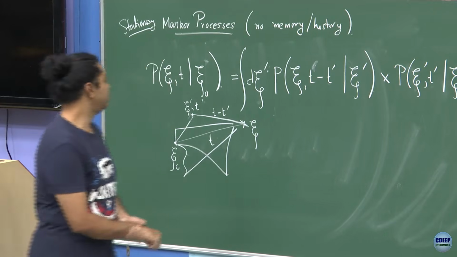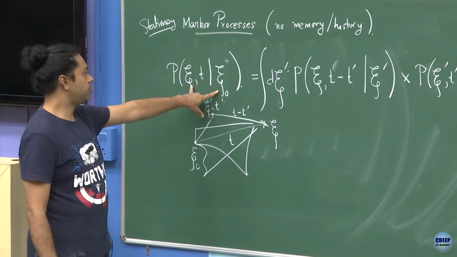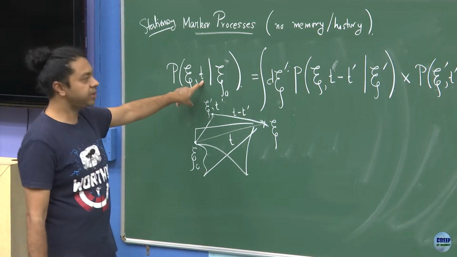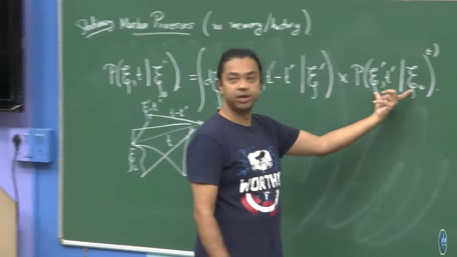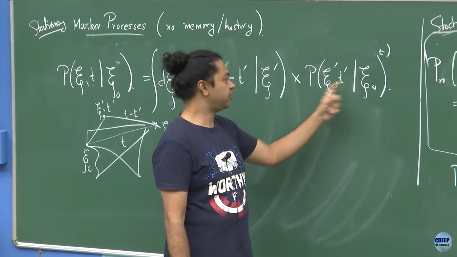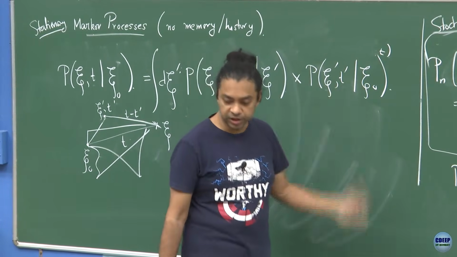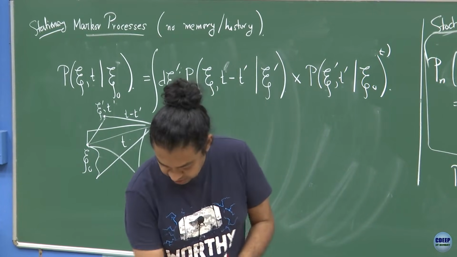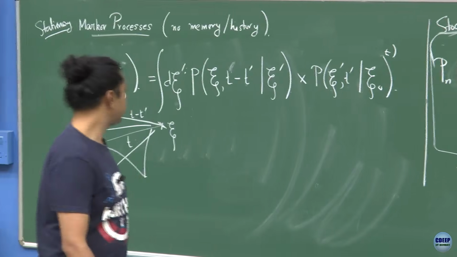Now, this is of course a nonlinear equation, because I have these propagation probabilities of going from xi naught to xi in some time t, and inside also I have these similar quantities, xi naught to xi prime in some time t prime. So, these are nonlinear equations, but one can convert it into a linear equation by defining some transition probabilities. So, that is what we will try to do.